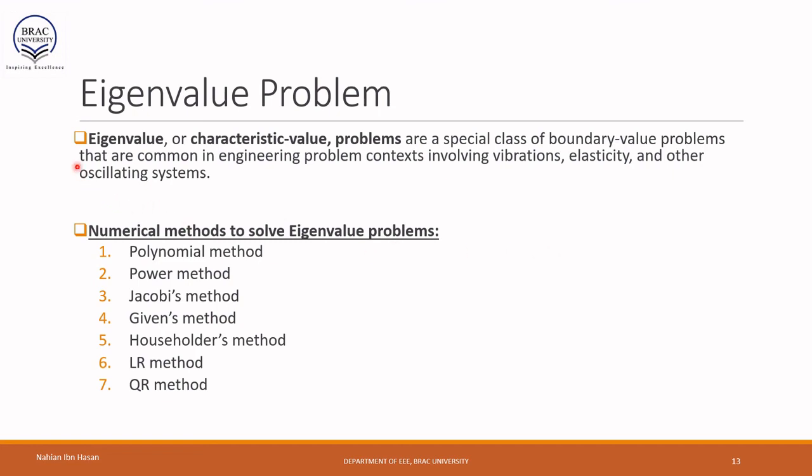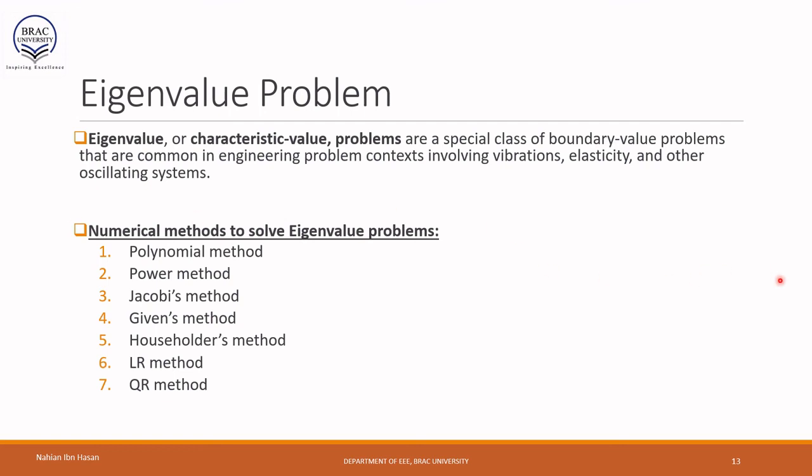Okay, so I would suggest you to go through such special kinds of problems. You can go through the details of the sections in Stevenson's book. So if you want to find out how to solve an eigenvalue problem, you can go through the details of the book. I am not covering the details of the eigenvalue problem.